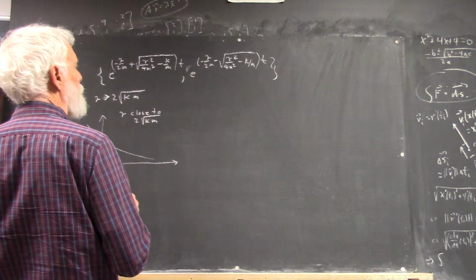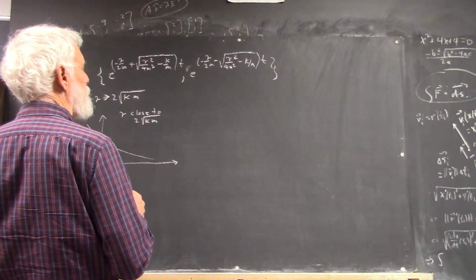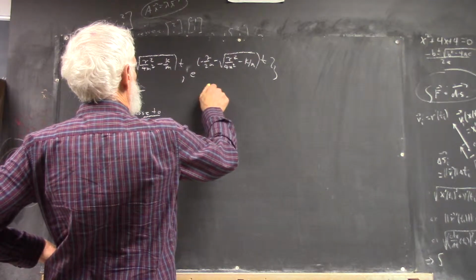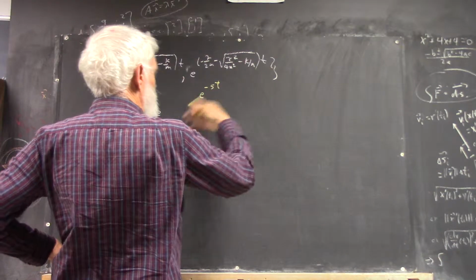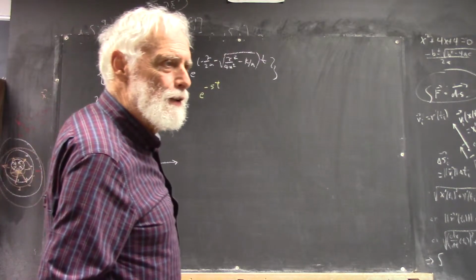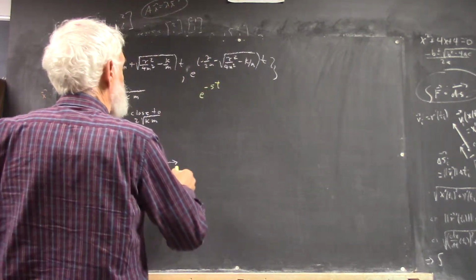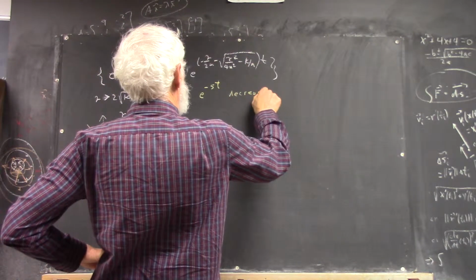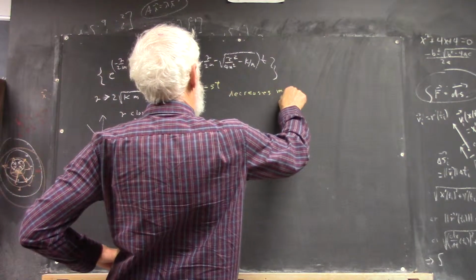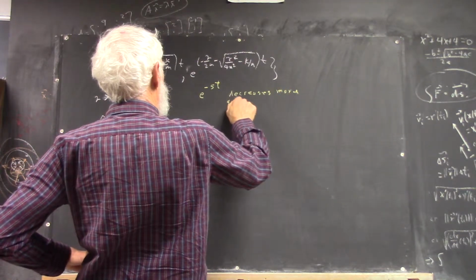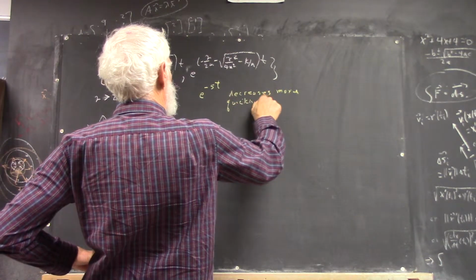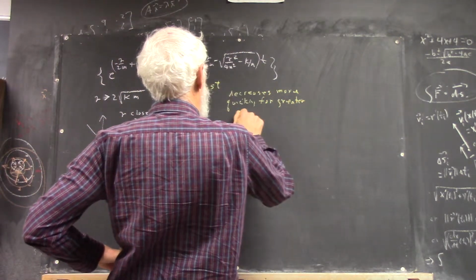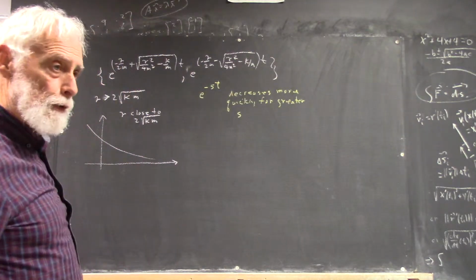I don't want to use K, I don't want to use R, I don't want to use lambda. Just invoke Laplace transforms for a minute: e to the negative st decreases more quickly for greater s.